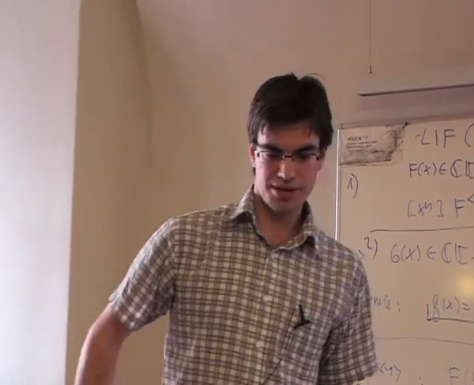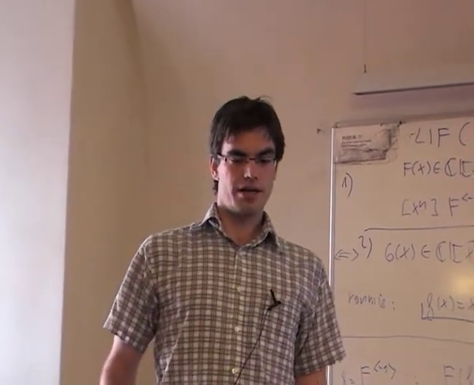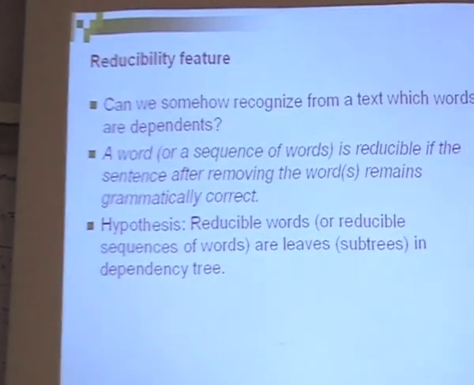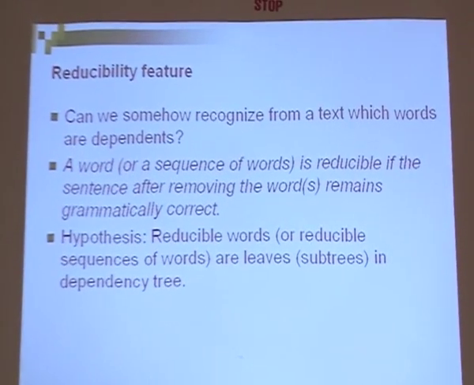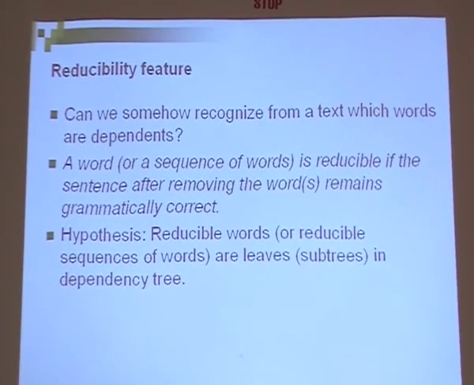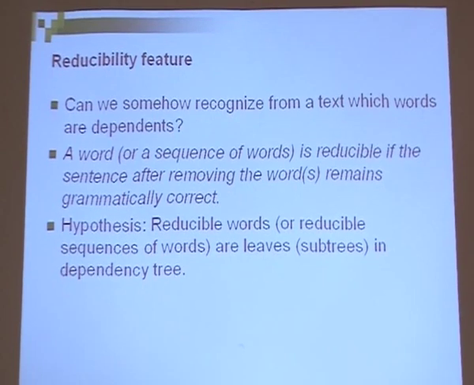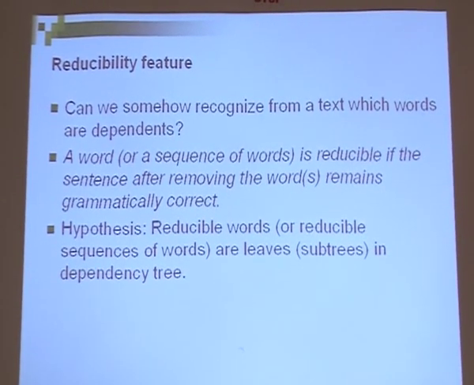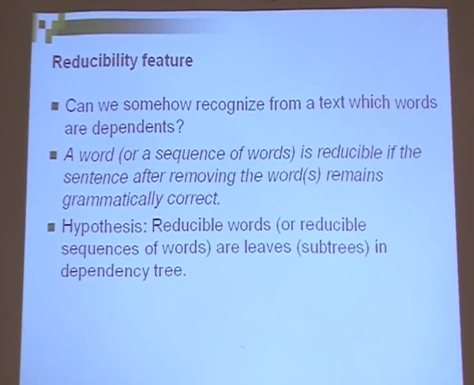So first, the reducibility feature. The problem is whether we can somehow recognize only from text which words are dependent, or which words will be leaves in the dependency tree, which words will be more heads. The definition is that a word or a segment of words, by segments of words I mean the n-gram, is reducible if the sentence after removing the word remains grammatically correct.